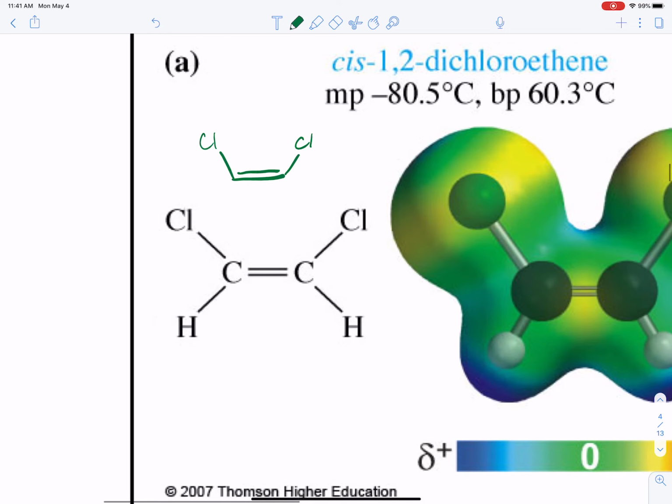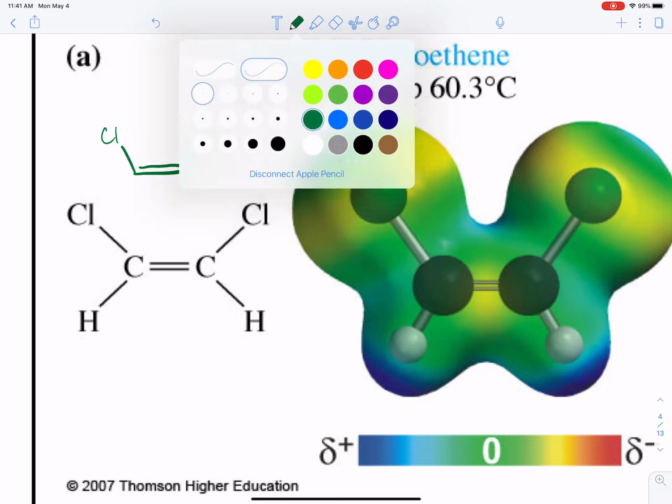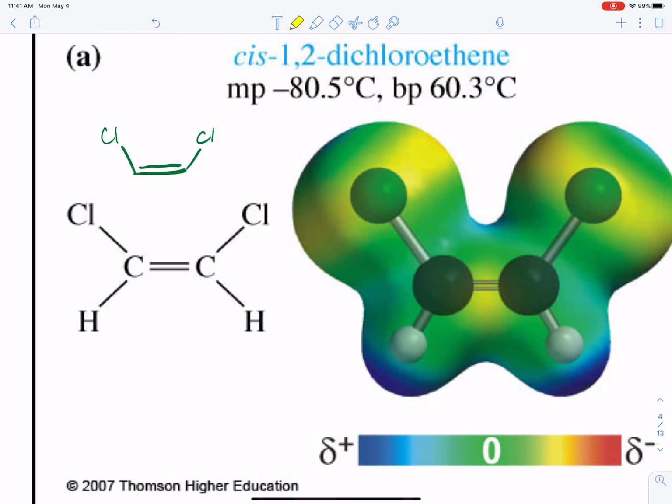If I'm looking at this particular species right here, I know that chlorine is closer to fluorine than carbon is. So that means that I've got a little bit of a dipole. So I'm pulling this way and I'm pulling this way, right? Which means I've got a net dipole like this.